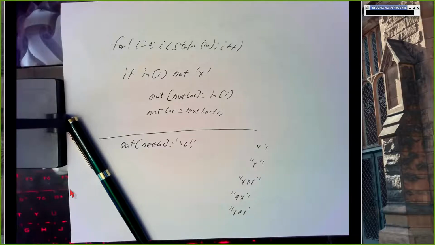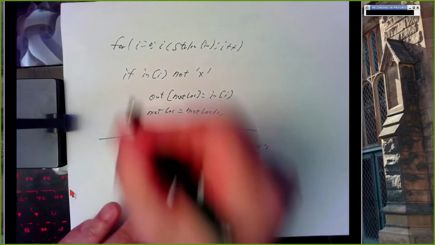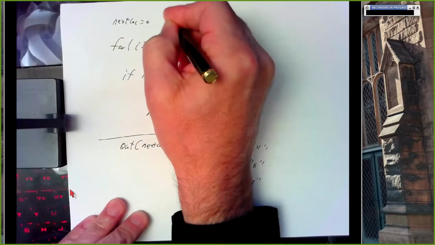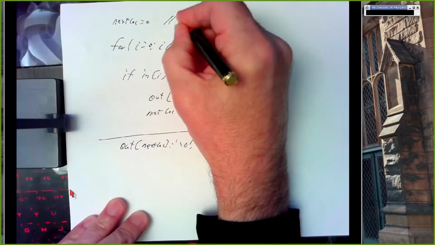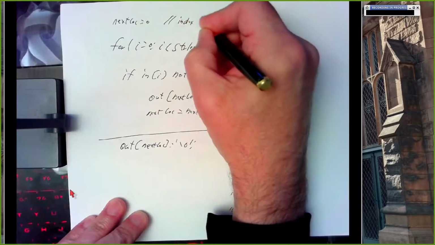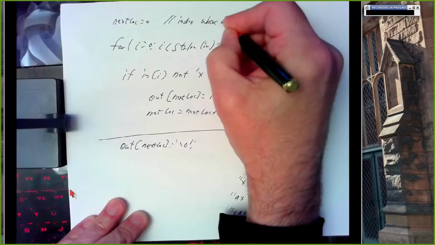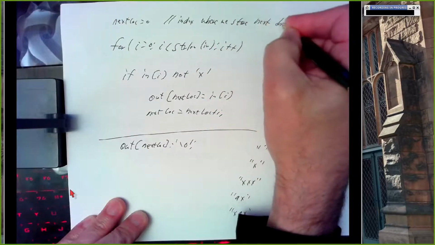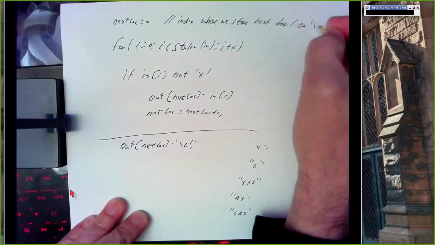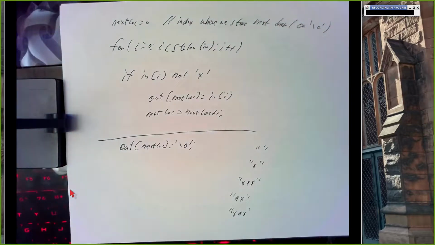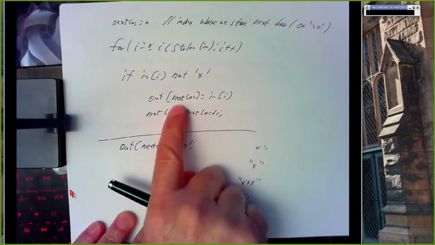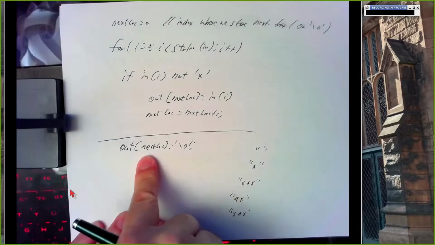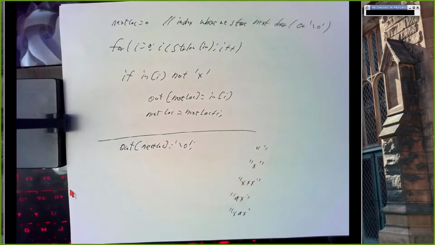So if I initialize next loc to 0, I can think of that as the index where we store the next character, or the null terminator. So each time we find a character to store, we just store it at next loc. When we're done, next loc is still where we want to store the next thing in our output string. That's where we store the null terminator.